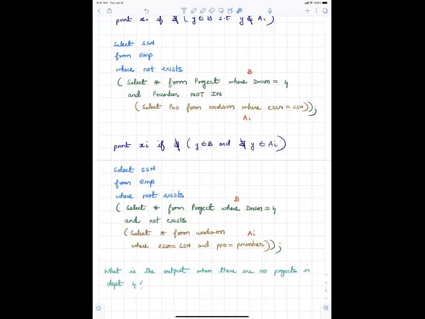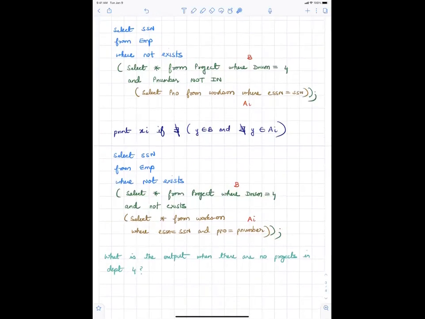So how would you write the query so that the output would give you a null set, an empty output? It's a very simple fix, actually. It's very easy to address the boundary condition, and I want to leave that as an exercise for you.